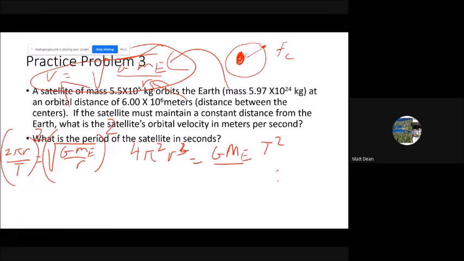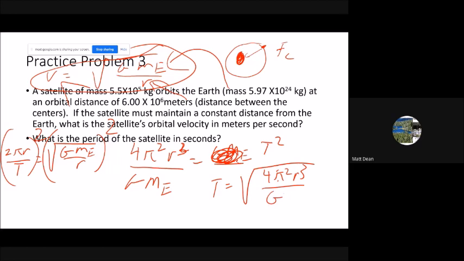Then we need to divide both sides by G m_e. Cancels over here. So now I take the square root of both sides. Whoops, that's G times m_e. And now I have an equation that will let me calculate the period of this satellite, the time it takes for one rotation.